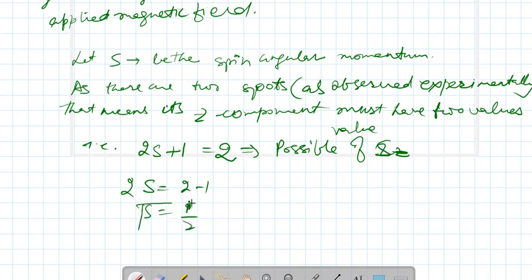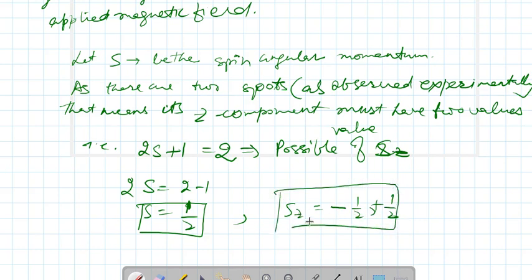So this is the spin angular momentum. This is the value. And the values of Sz are minus 1 by 2 to plus 1 by 2. So this is the way I can write down the possible values. So that's why we say that spin is always half for the electron.